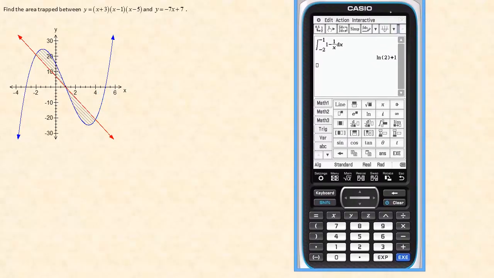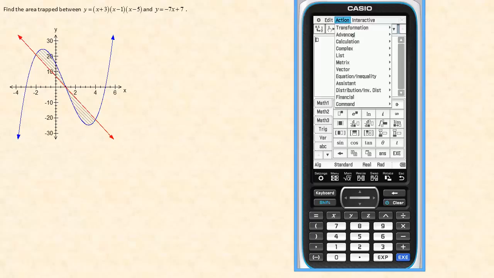But I'm going to use the calculator to solve for these points of intersection, because actually solving this is a whole question in itself.